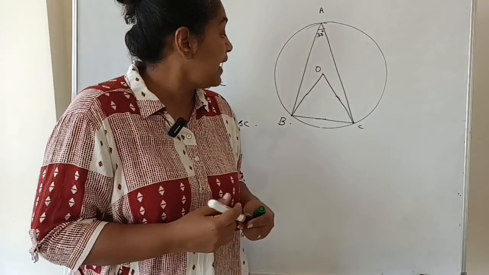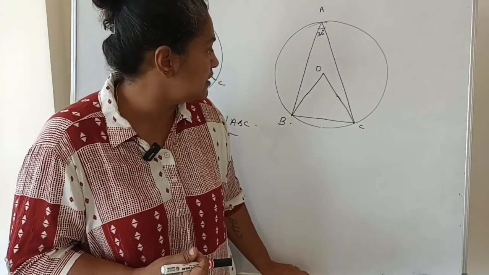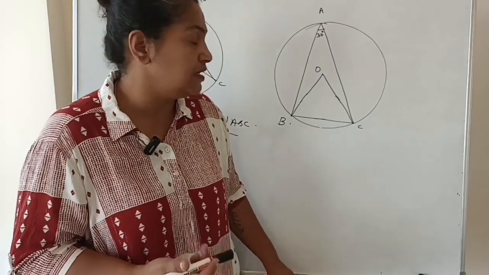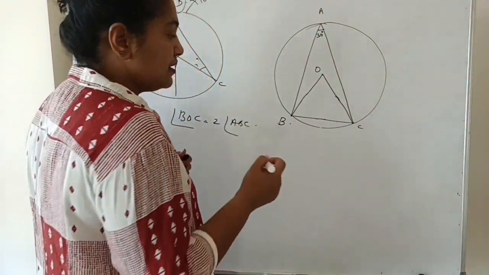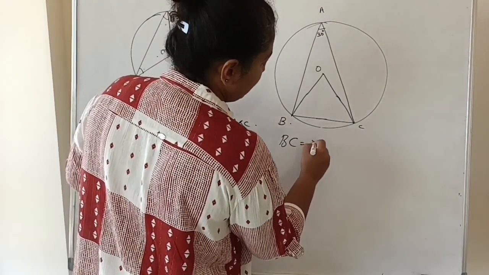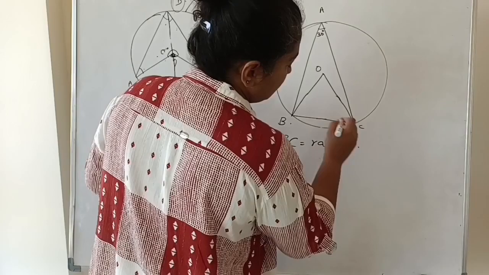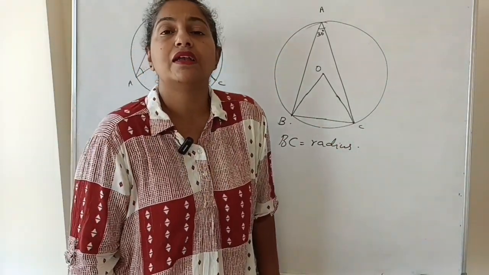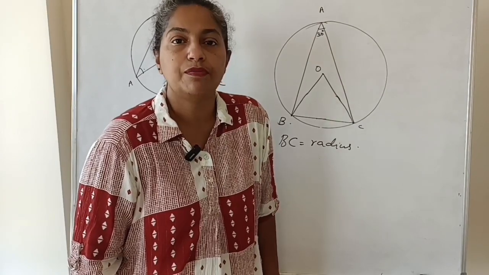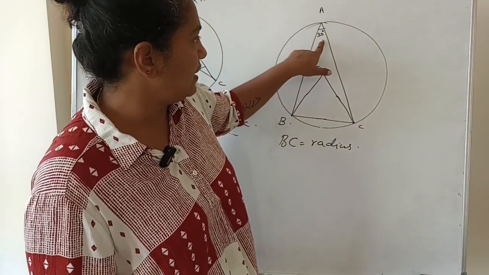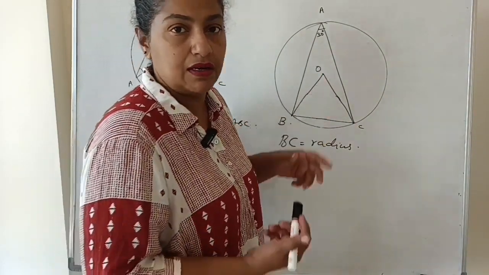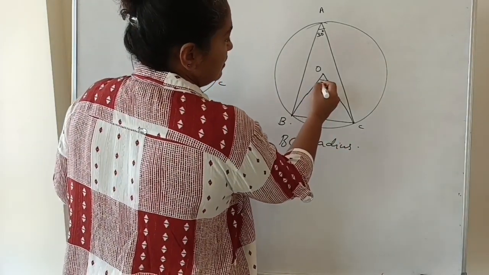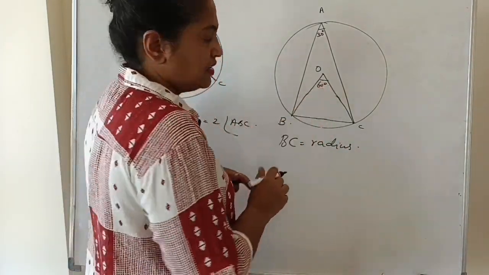In the second sum, angle BAC is given to be 30 degrees. O is the center of the circle. We need to show that BC is equal to the radius of the circle. Again, a very simple and a very direct application of the previous theorem. If this angle is 30, what can you say about this angle? This angle is 60.